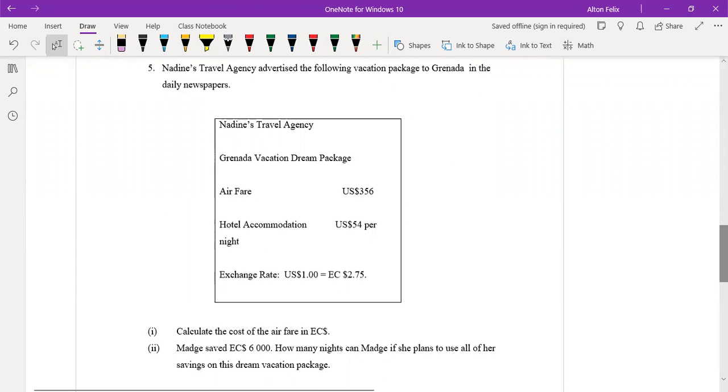Right, so this is a common life experience where you go on vacation and you have to use different currencies, right? Depending on where you are going, which may be different from your currency based on where you live. Here, you are booking a vacation to Grenada and you're doing that through Navy Travel Agency.